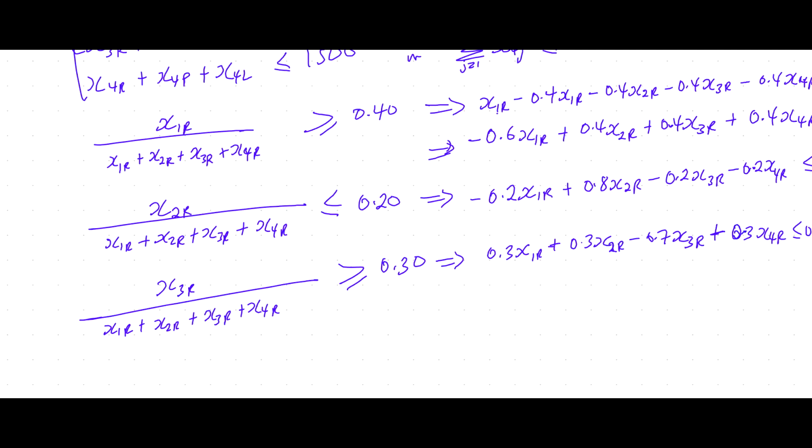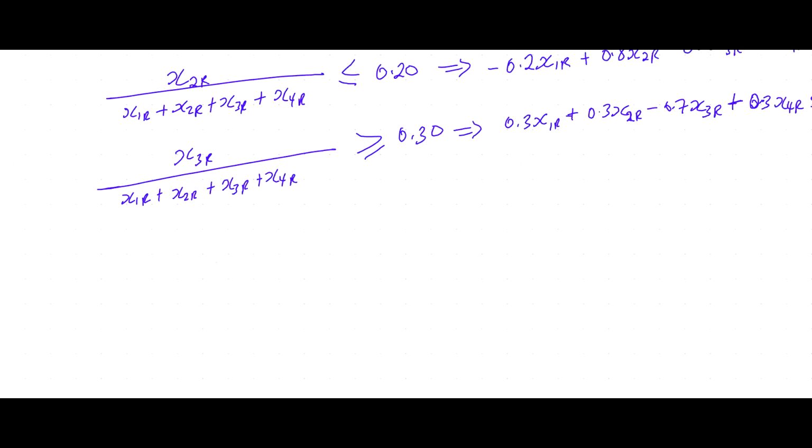Now we move on to the premium. Premium says that the constraint is that component 3 should not be less than 40%. So component 3 in P, the component mix 1 in P plus 2 in P plus 3 in P plus 4 in P should not be less than 40%.